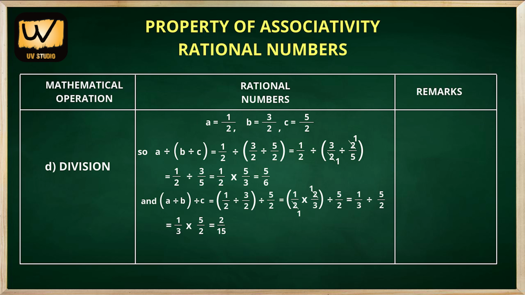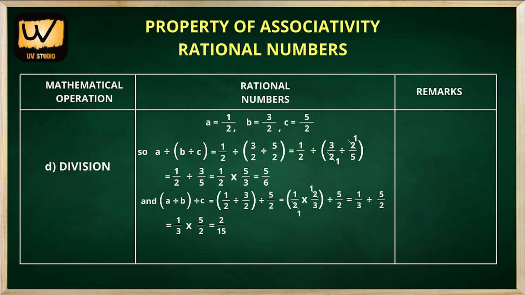Let us go to the right hand side. (A divided by B) in brackets, outside the bracket divided by C. Let us substitute: in brackets 1/2 divided by 3/2, outside the bracket divided by 5/2. In the brackets 1/2, division becomes multiplication, 3/2 becomes the reciprocal 2/3. Outside the bracket divided by 5/2. Next step, 2 gets cancelled in the same bracket, giving 1/3 divided by 5/2 as it is.